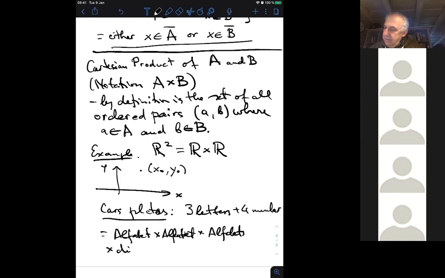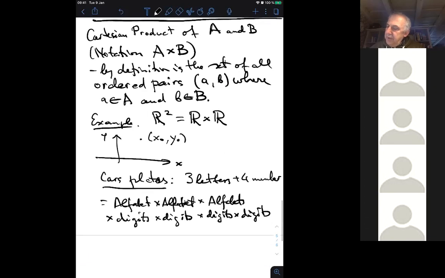So it would not be pairs, but 7-tuples consisting of a letter, a letter, a letter, and a digit, a digit, a digit, and a digit.